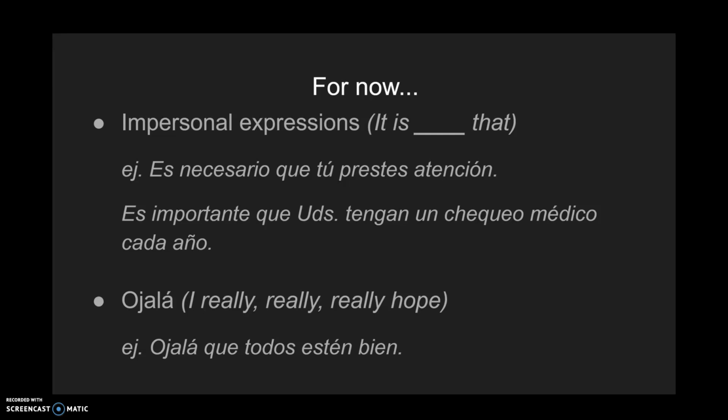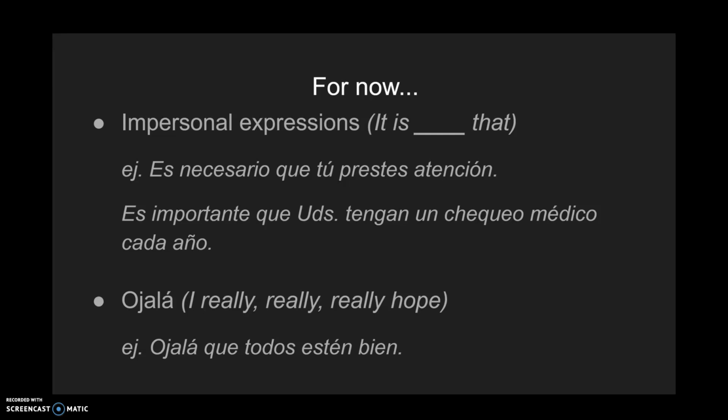You'll notice we have es bueno que, es malo que, es importante que, etc. If you have questions about the meanings of any of these sayings and cannot find them easily on WordReference, please make sure that you double check with me and let me know that you have questions about them. The subject of the first clause of each of these sentences is "it."